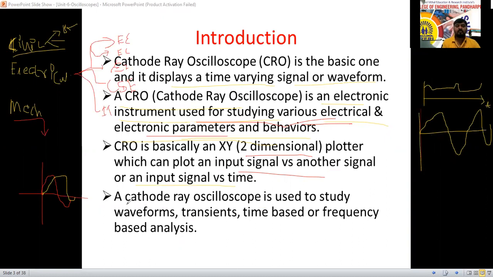A cathode ray oscilloscope, that is called CRO, is used to study waveforms, transients, time based or frequency based analysis. We are going to use it to study the waveform. From this waveform only we will understand that.